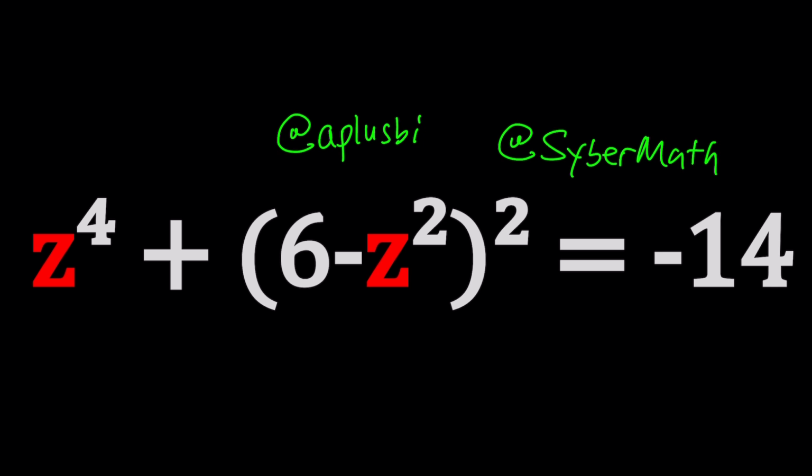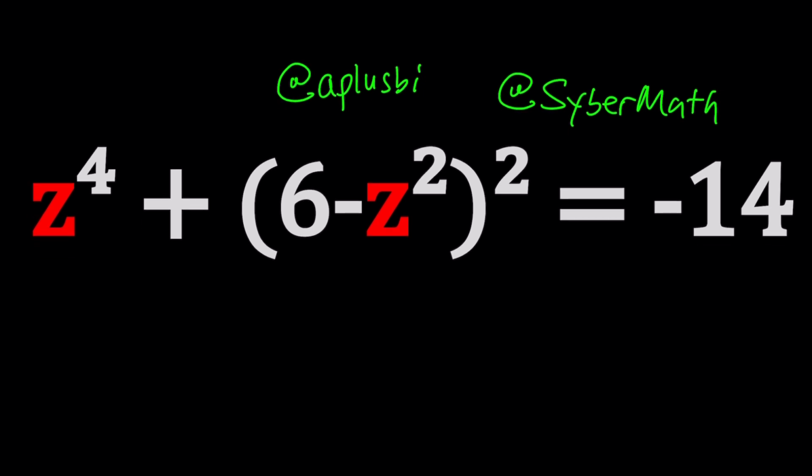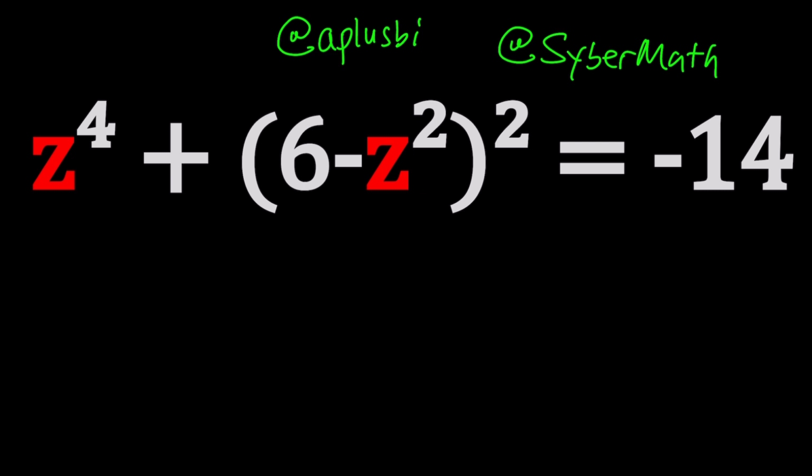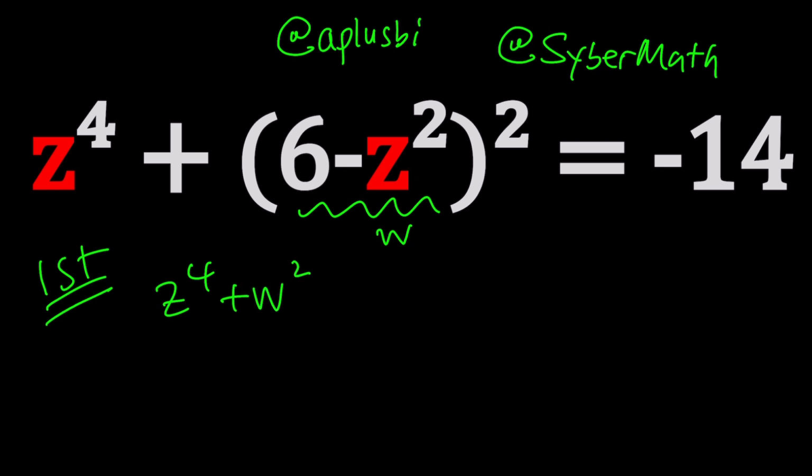Anyways, so how do you solve an equation like this? There's a couple of ways to do it. One of them is just going to be substitution. I mean, it doesn't have to be, but let's start with that. First method, I'm going to use substitution. And guess what? I want to replace this thing with something, maybe w, right? If I do it, I'm going to get z to the fourth plus w squared equals negative 14.